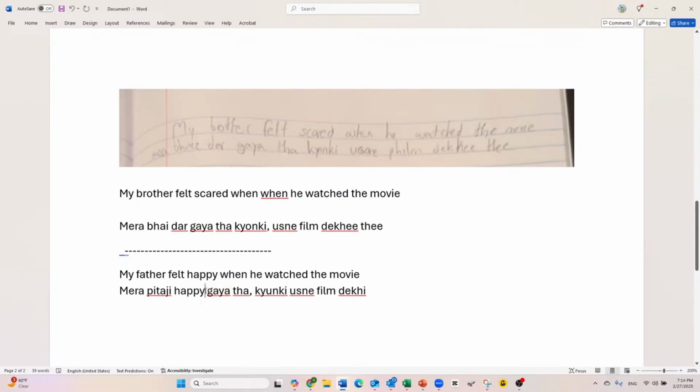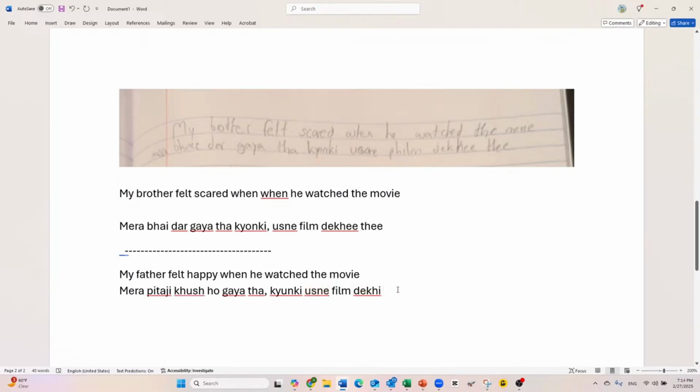After happy, we have to put the words हो गया था. And the Hindi word for happy is, say with me, खुश. So say मेरा पिताजी खुश हो गया था क्योंकि उसने फिल्म देखी.